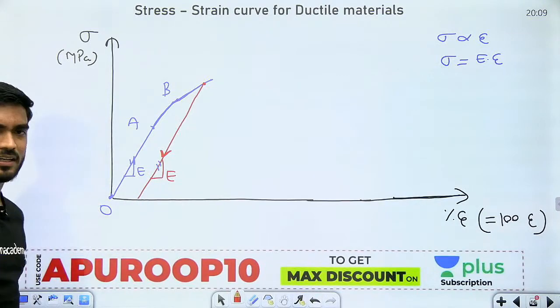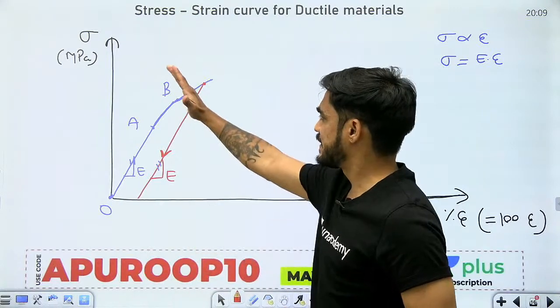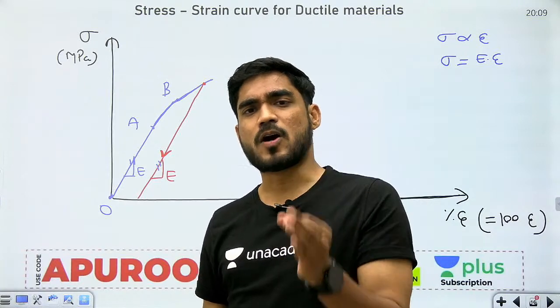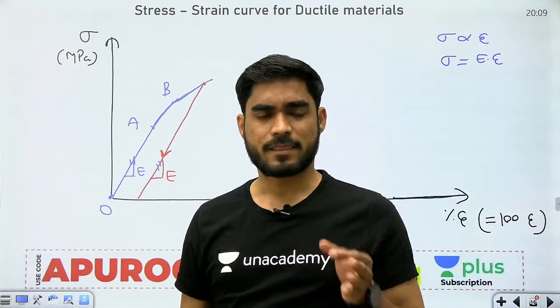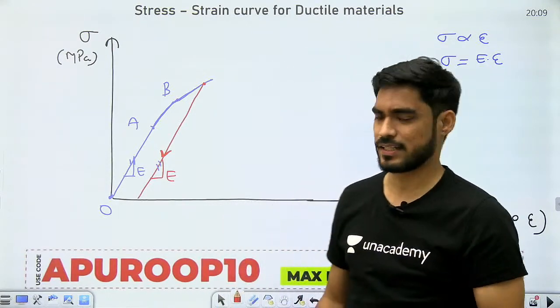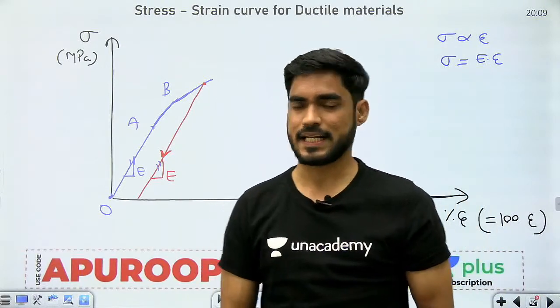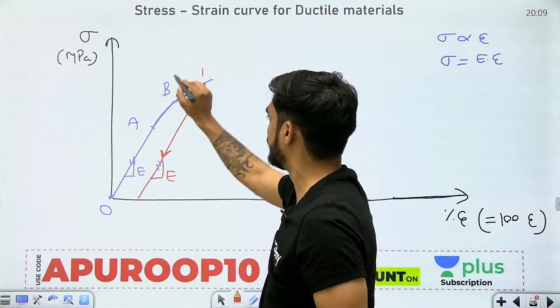Now understand this point, an amazing point. Let's say up to point B, there was 0.1% strain, and after point B, here the total strain is 0.3%.